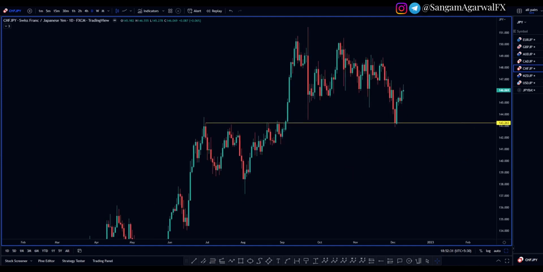So on daily time frame, this yellow support level 143 is a key level, because if it traces back then you can buy and target a new high. But if this level breaks, then you can sell, then that will be the beginning of a bearish trend.